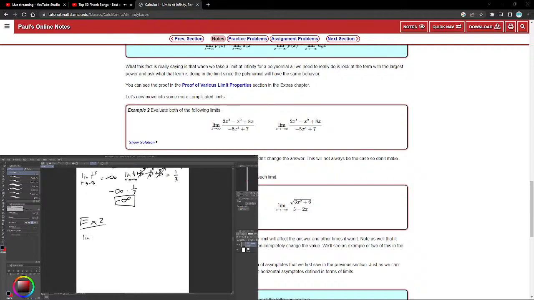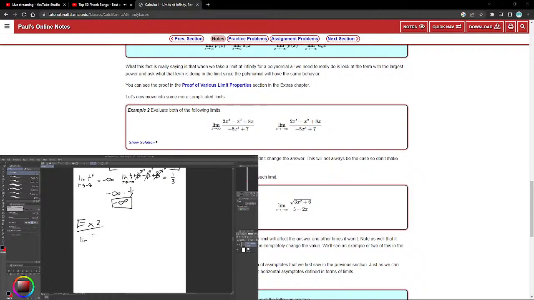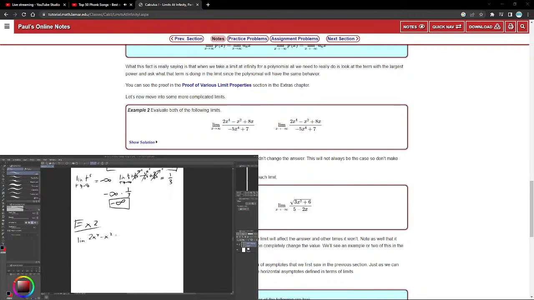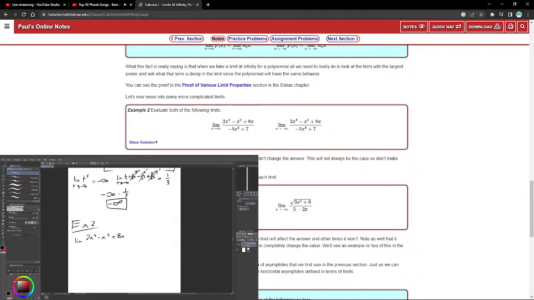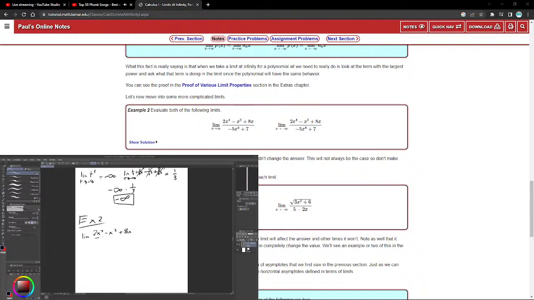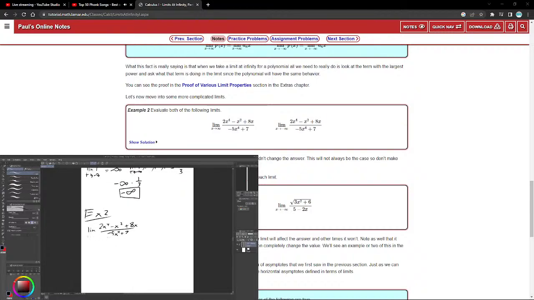So the limit of 2x to the power of 4 minus x squared plus 8x over negative 5x to the power of 4 plus 7, as x approaches infinity.